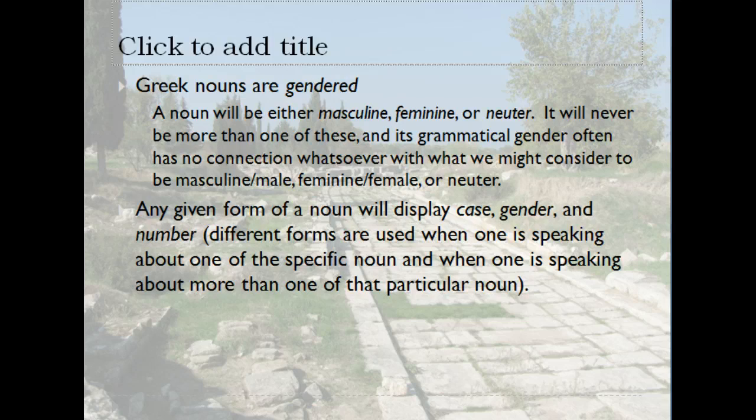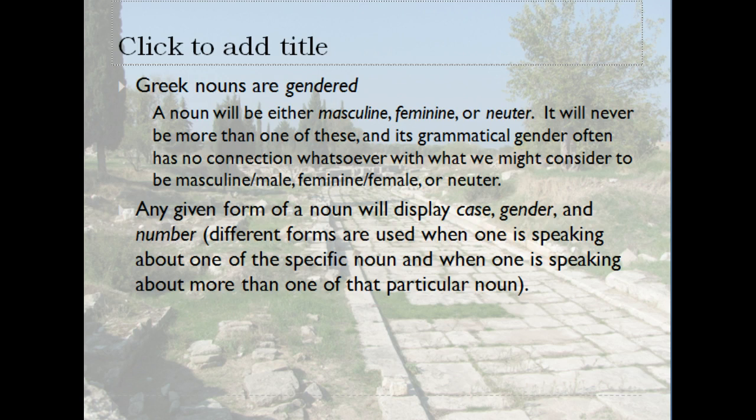What is going to be different is that then there are different forms for the singular nominative noun and the plural nominative noun, and different forms for the singular genitive noun and the plural genitive noun, all the way down the line. So when we talk about Greek nouns, and when we analyze Greek nouns, we will be talking in terms of their gender, their number, and their case.